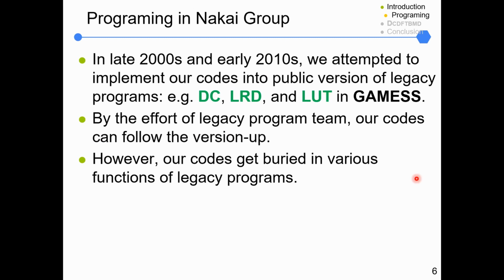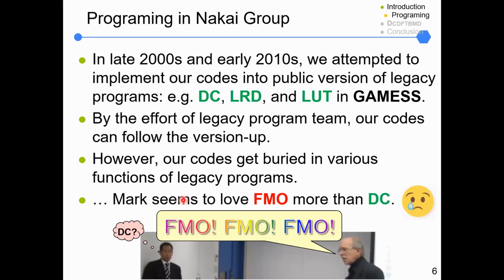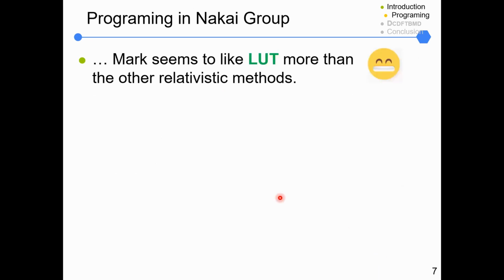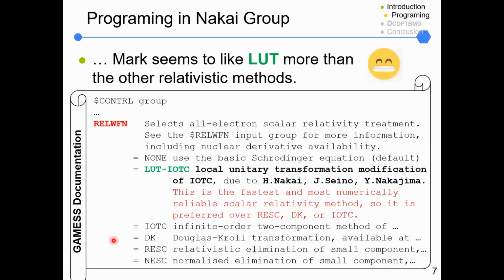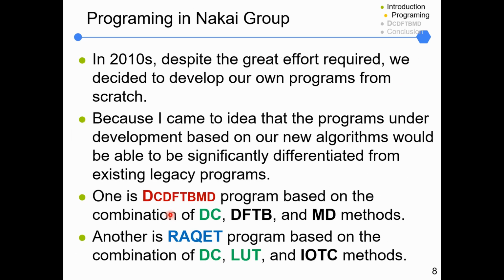For example, for the linear scaling case, Mark seems to love FMO in GAMESS more than DC. Yeah, but Mark seems to like LUT more than the other relativistic methods. Actually, in the GAMESS documentation, our LUT-IOTC option is described like this. This is the fastest and the most numerically reliable scalar relativity method. So it is preferred over blah, blah, blah.